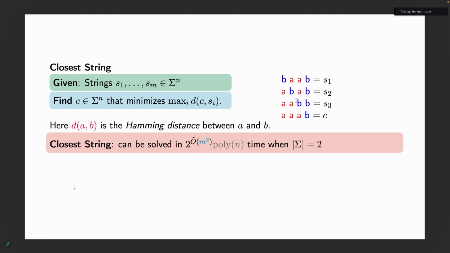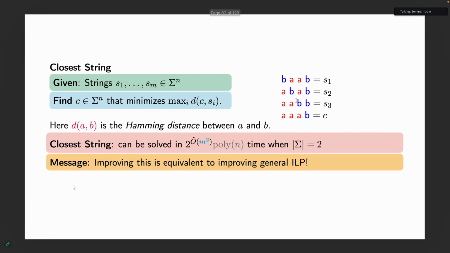When the size of the alphabet is 2, there are also different parameterizations that you may know. There is parameterization by the minimum Hamming distance, but there is also this parameterization. And if you could get a faster algorithm, then you would actually solve ILPs faster, and the other way around. What is M here? M is the number of strings.